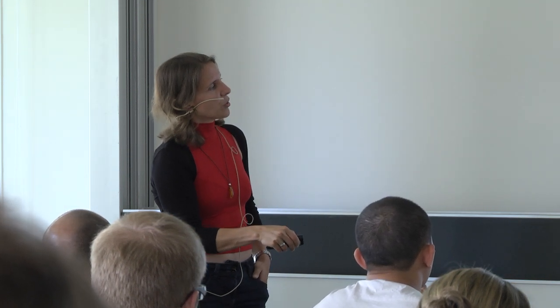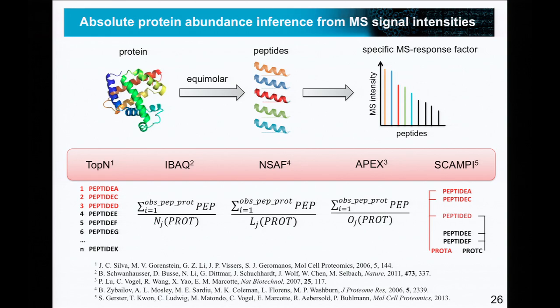The iBAQ approach is another approach where you take all the measured peptides into account per protein, you sum up all the intensities that you have measured, and then you normalize this intensity to the protein size. So in case of iBAQ, you normalize to the theoretical number of peptides a protein can produce. In the emPAI approach, you do the same. You also sum up all peptide intensities per protein, and you normalize by the protein length, just another type of normalization. And in APEX, you also sum up all peptide intensities per protein, but you normalize to the observability of the peptides.